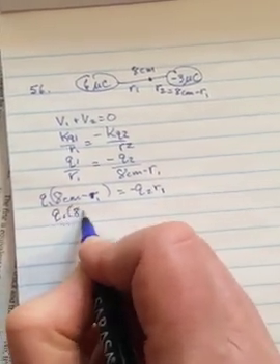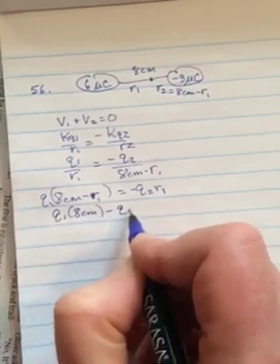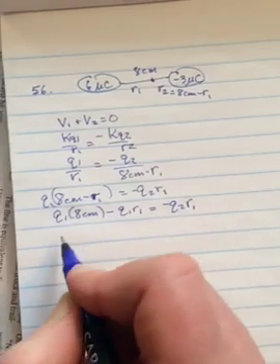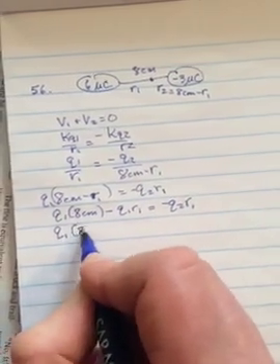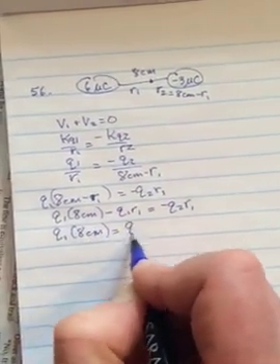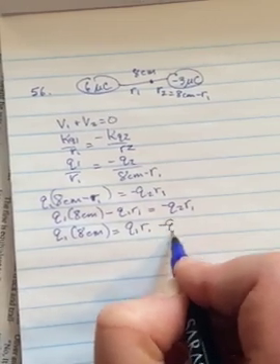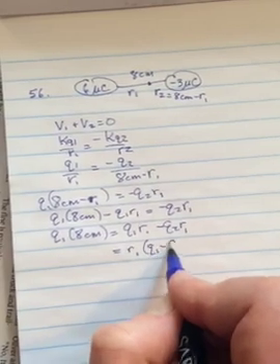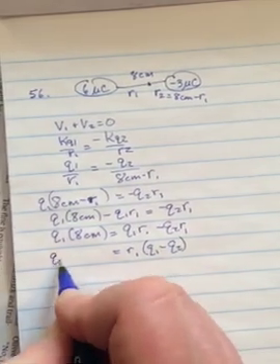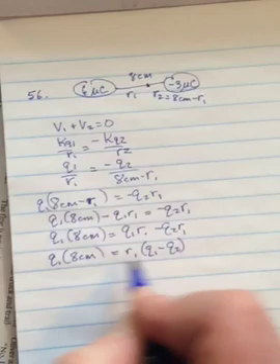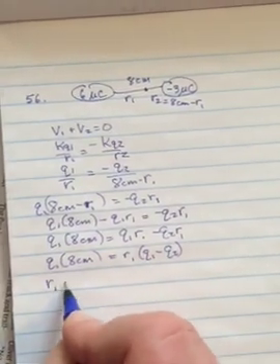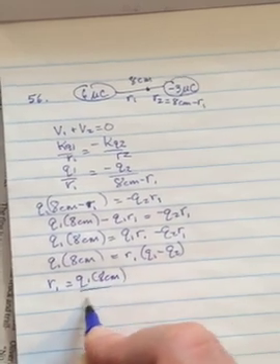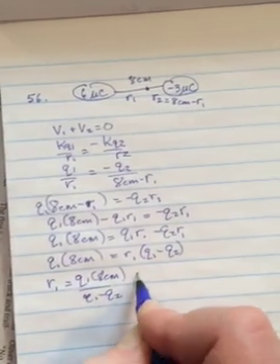So Q1 times 8 centimeters minus Q1 R1 is equal to negative Q2 R1. Take the Q1 R1 over, it becomes positive. So Q1 R1 minus Q2 R1, factor out the R1, Q1 minus Q2. And then to get the R1 alone, divide. So Q1 times 8 centimeters divided by Q1 minus Q2.